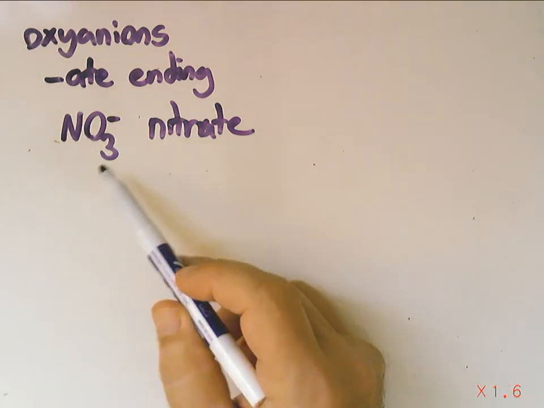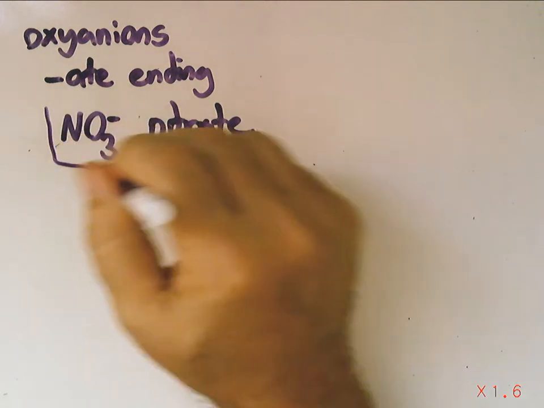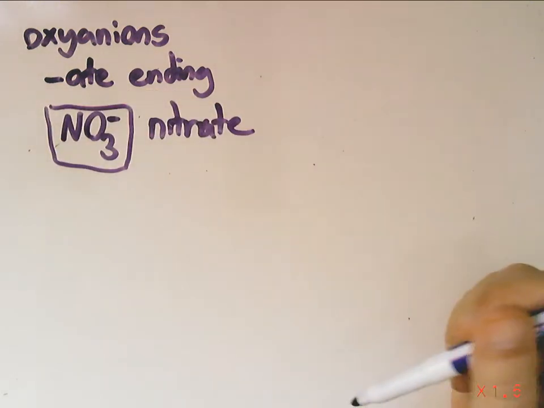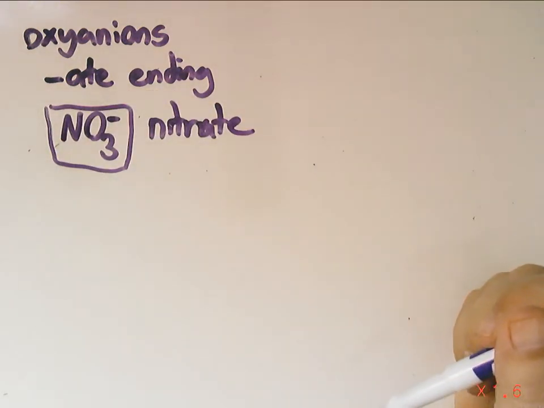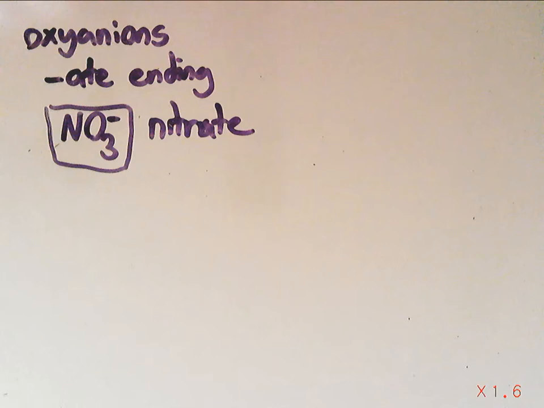So make yourself a set of flashcards, put this on a card, and on the other side write nitrate, and drill yourself on these so that you get quick with naming them, because you will see them all the time in medicine, in environmental science, chemical analysis, a lot of different places. News stories will mention these ions. It's basic chemical vocabulary that you need to learn. So nitrate is one of them.